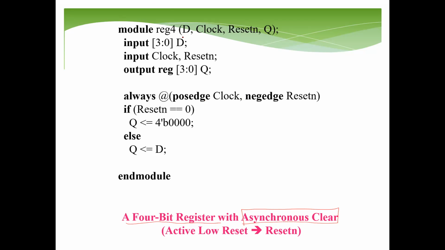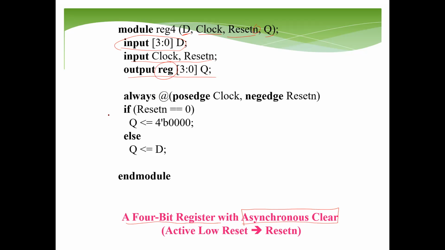Now, for a 4-bit register, we have input D for data, we have clock input, of course, and we have a reset N, that means this is an active low reset, and we have Q for the output. My input D is 4-bit, clock and reset are single bits, and Q is an output of 4-bit.